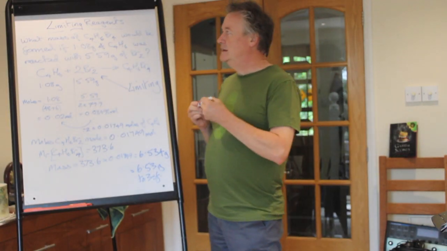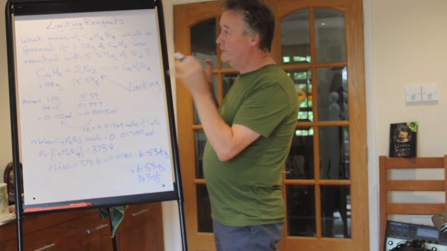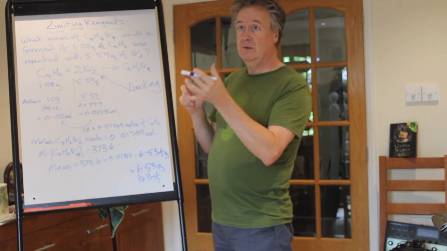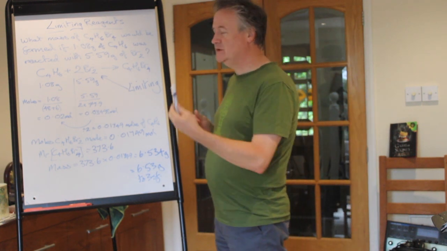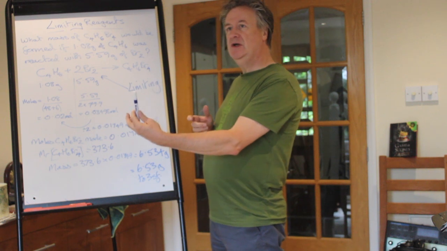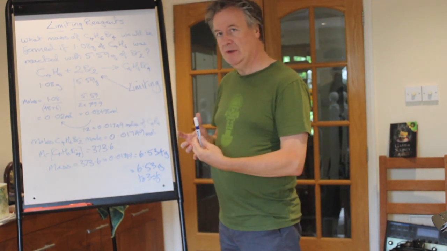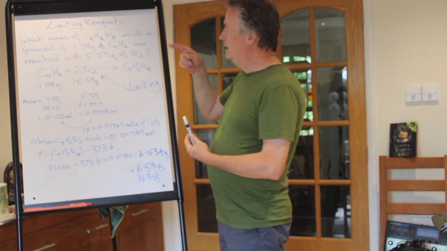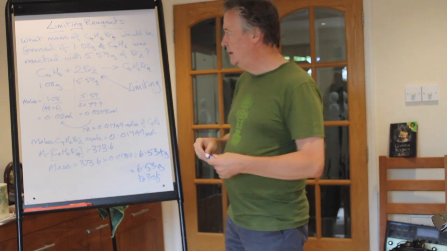So here's an example where we've got a reaction with two chemicals, one of them will be in excess, the other one will run out because it's the limiting reagent. The limiting reagent will then indicate how much of the product you're capable of making. So this is going on to calculate how much product you get when you've got a limiting reagent.